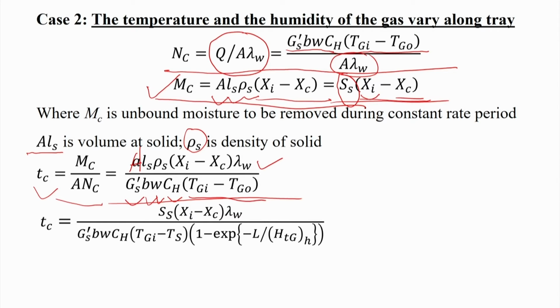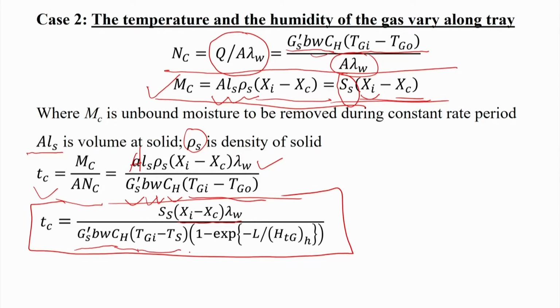Finally, by manipulating, we put Nc in the form of Gs prime into B into W into Ch into (TGI minus TG out) by A into lambda W. A is struck out from numerator and denominator, and we get Tc equal to Ss into (Xi minus Xc) into lambda W by Gs prime into B into W into Ch into (TGI minus Ts) into (1 minus exponential of minus L by HTG).